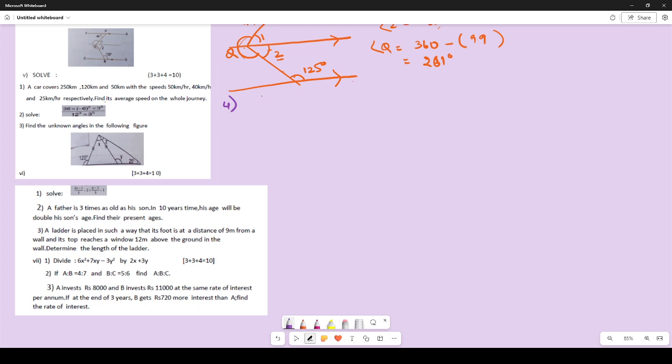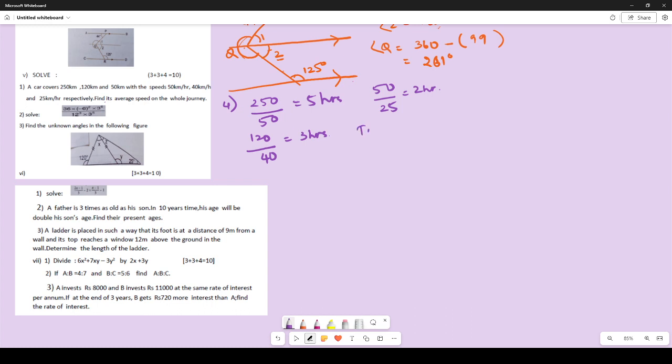You have to find individual times taken for every section that the car traveled. For the first section, 250 kilometers at 50 kilometers per hour, that is going to take 5 hours. Then 120 kilometers at 40 kilometers per hour, that took 3 hours, right? And then 50 kilometers at 25 kilometers per hour, that took 2 hours.